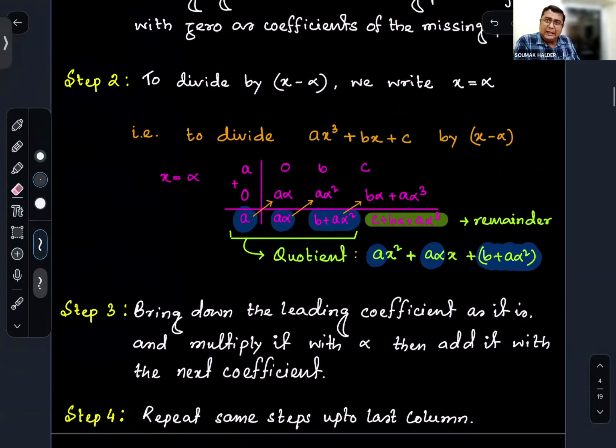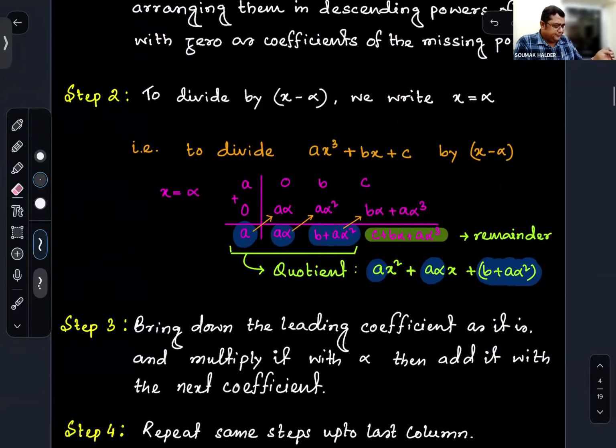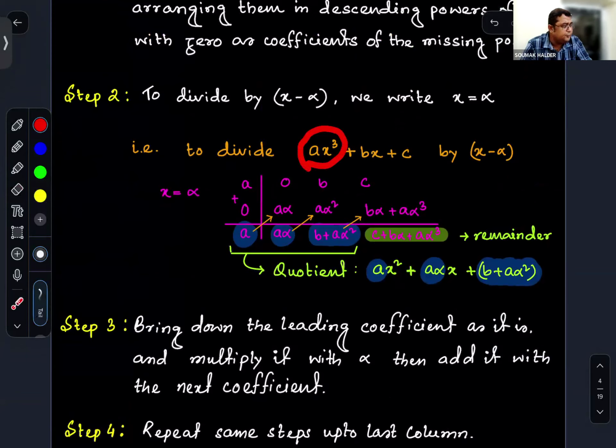সো এবার যদি আমরা এই এক্সাম্পলটাতে আবার একটু ফেরত আসি, তাতে আমরা আরো একবার দেখি নর্মাল লং ডিভিশন মেথডে আমাদের কি করবার কথা ছিল। You are dividing with x minus alpha, so the leading degree term of your divisor is x and the leading degree term of your dividend is ax cube. তাহলে তোমার কোশেন্টের প্রথম টার্মটা বা হাইয়েস্ট ডিগ্রি টার্মের কোএফিসিয়েন্ট, it has to be matched with the highest leading coefficient of dividend, because your divisor is a monic polynomial.